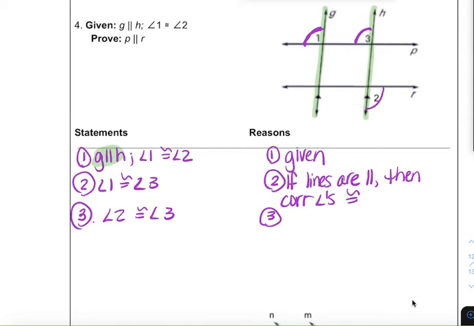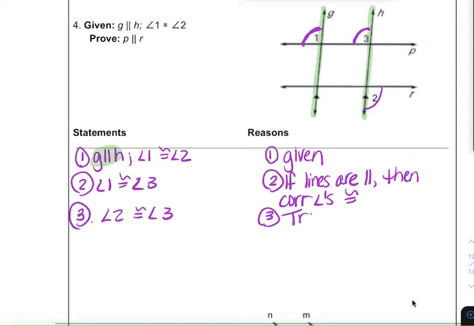I know that 2 is congruent to 3 because of the transitive property. Not because they're alternate interior angles. Don't get ahead of yourself. Okay, I know that 2 is congruent to 3 because if 1 is congruent to 2 and 1 is congruent to 3, then 2 is congruent to 3 with the transitive property.